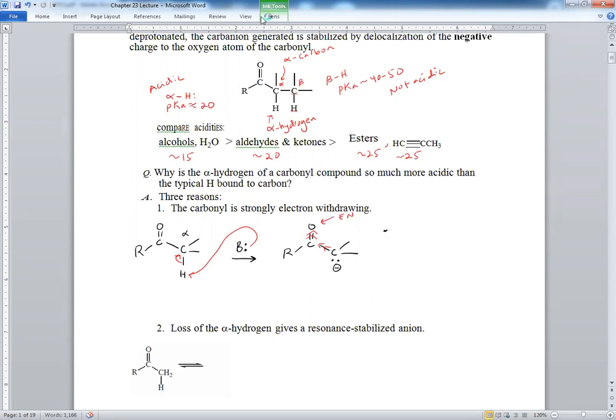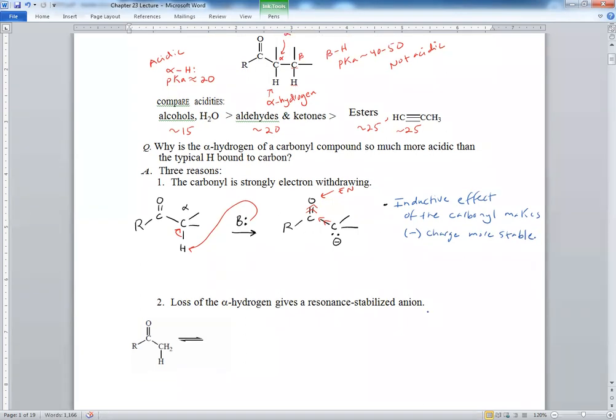Let me write that down here: the inductive effect of the carbonyl makes the negative charge more stable. So that's the first reason.